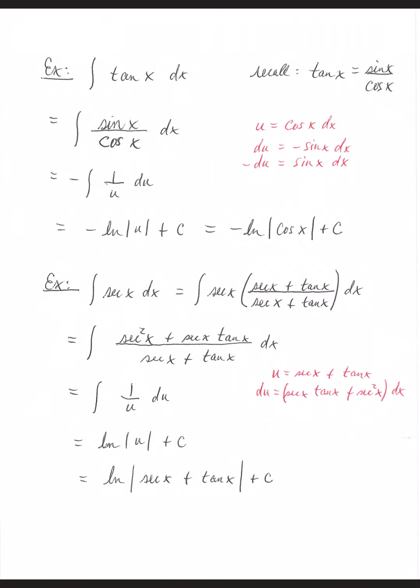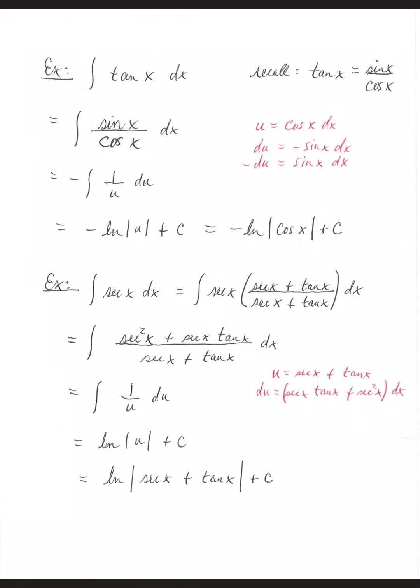So now I've got negative du, and this becomes 1 over u. Sine x dx becomes negative du, so that leaves 1 over the substitution. Well, that's negative natural log absolute value of u plus c, and sub u back in.